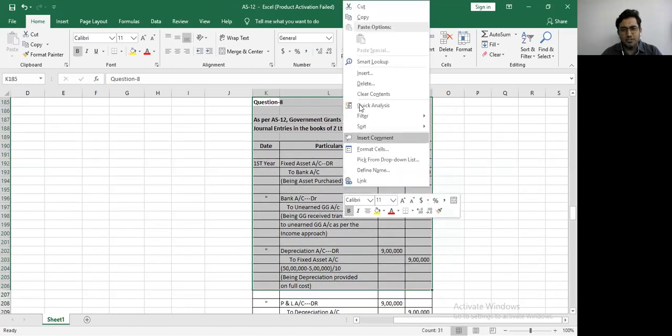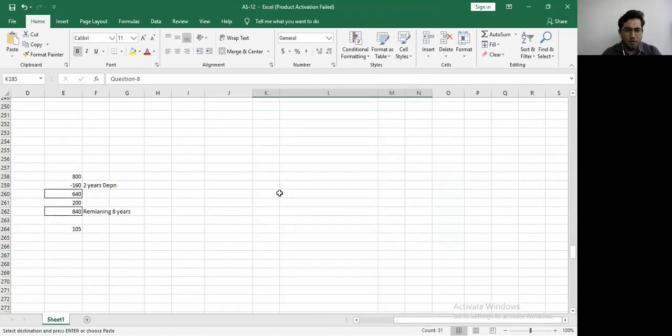You will have to pass journal entries, so prepare your journal entries format.